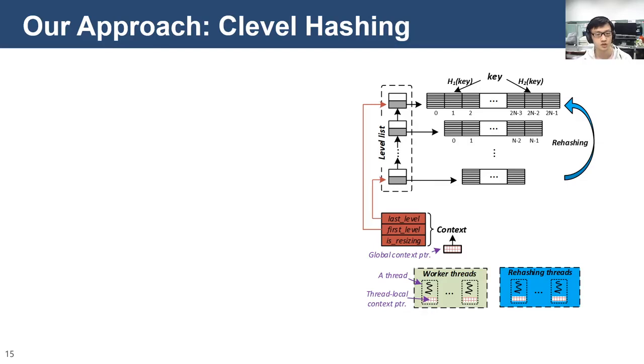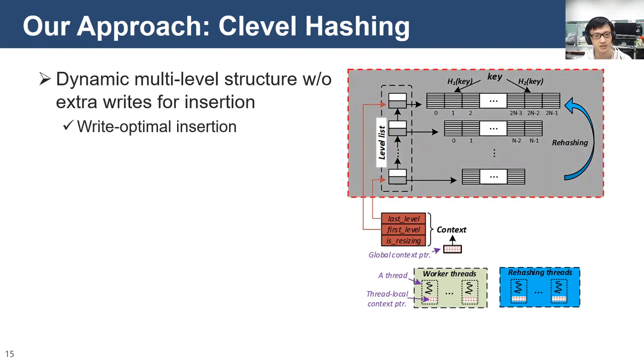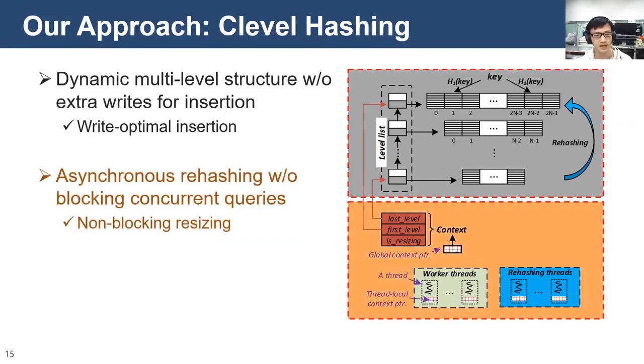In order to achieve this goal, we propose Clevel hashing, a write-efficient and lock-free concurrent hashing scheme for PM. In Clevel hashing, we design a multi-level structure without log writes for insertion. Rehashing operations are performed in an asynchronous manner without blocking concurrent queries in other threads.